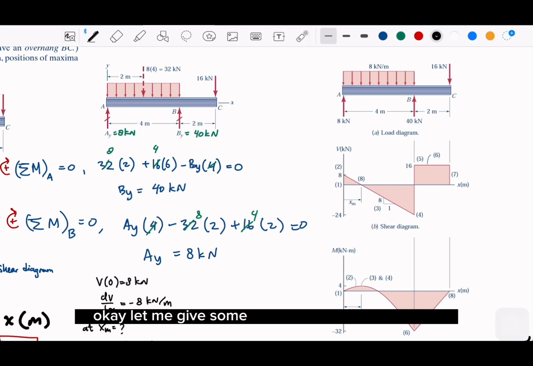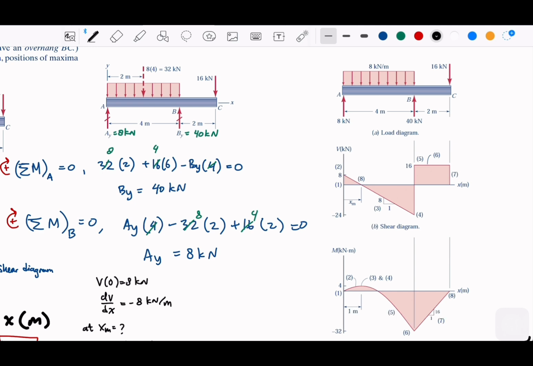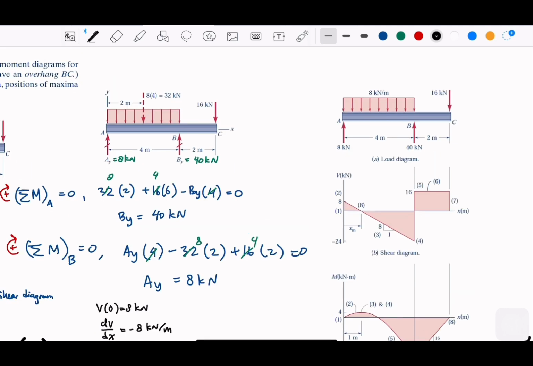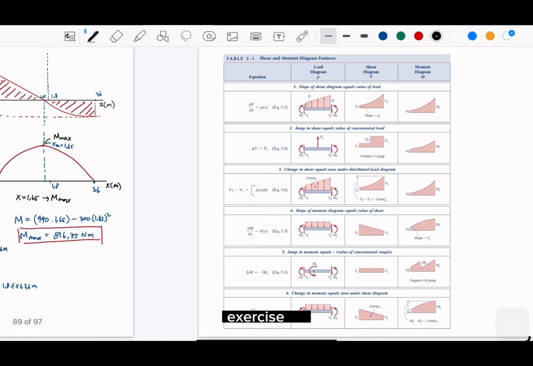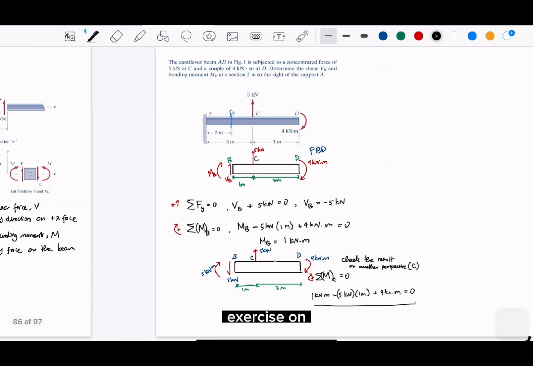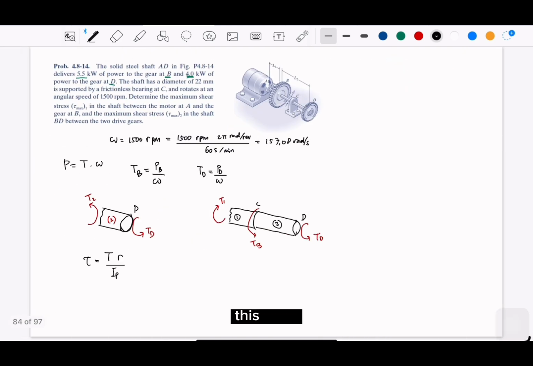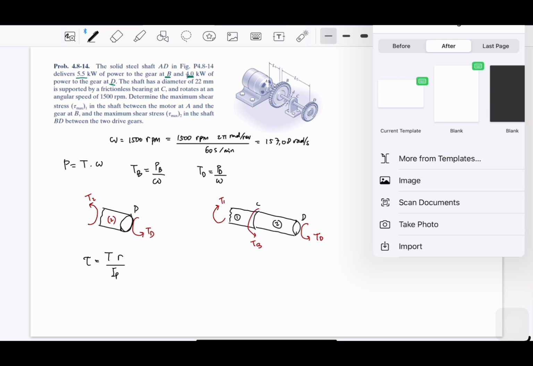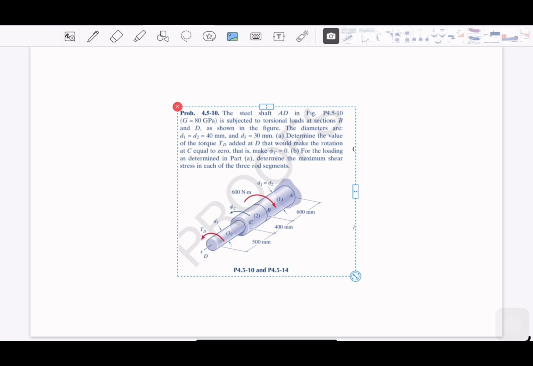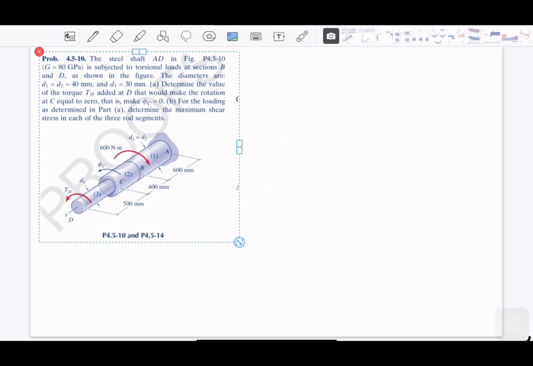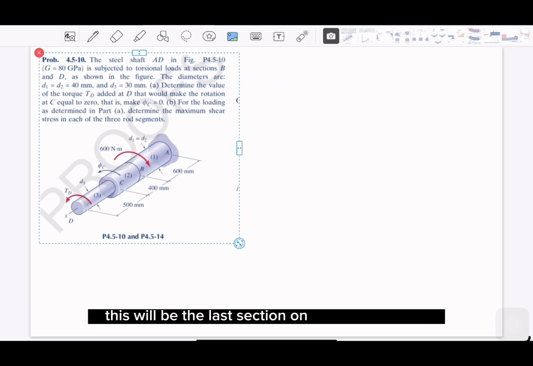Okay, let me give some time first. Okay, let me put the exercise on this page. Let's try this one. This will be the last section of our course today.